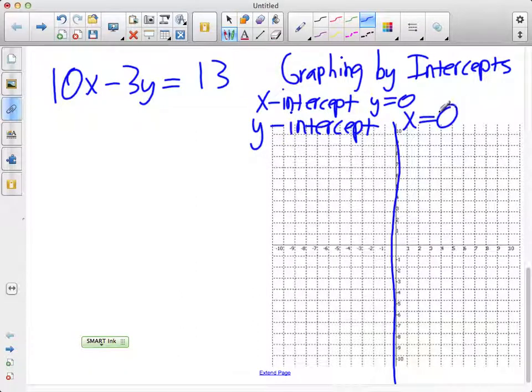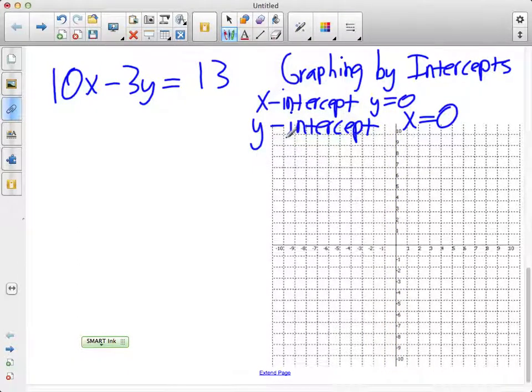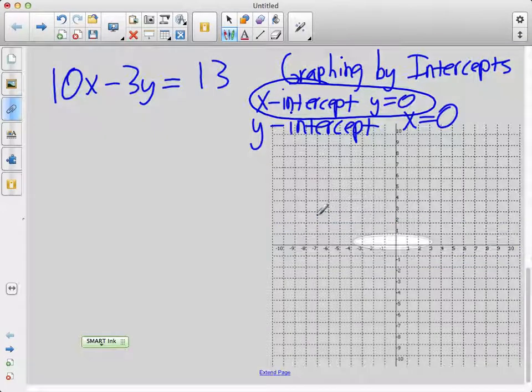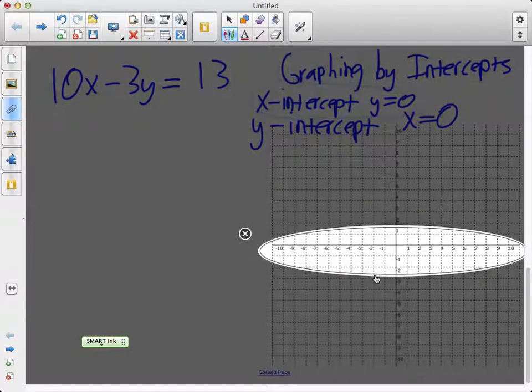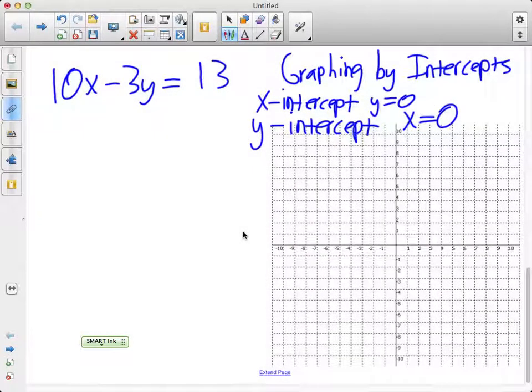A lot of people mix those up. But remember, if you have an x-intercept, you're crossing the x-axis, where the height is 0. So that means y is 0.